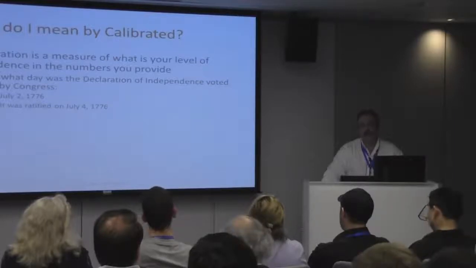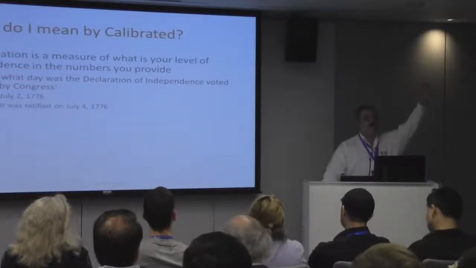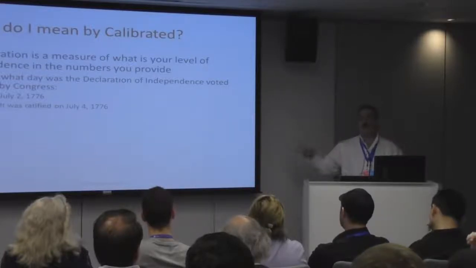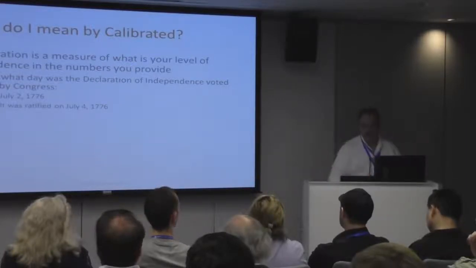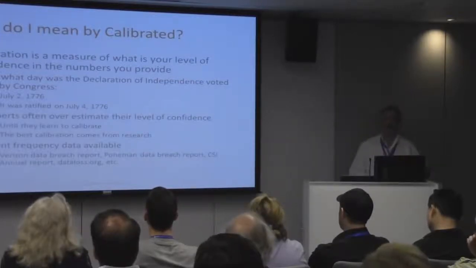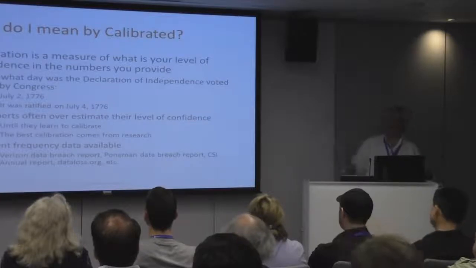That's what calibration is: choosing a range of possibilities and saying it is between here and here. And more precision than that may not be important for what I'm trying to understand. Experts overestimate their level of confidence until they've learned how to calibrate.